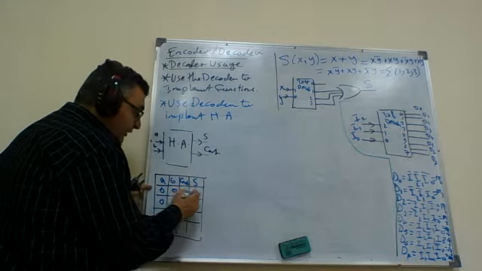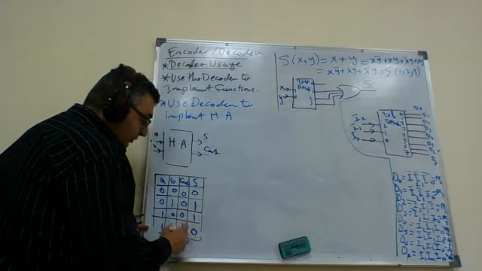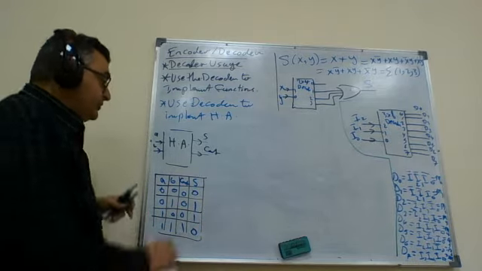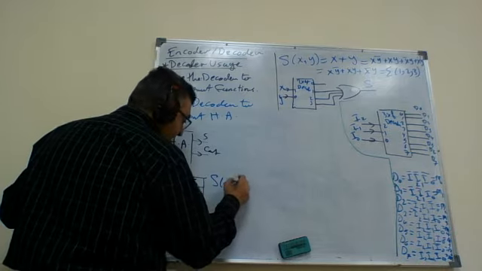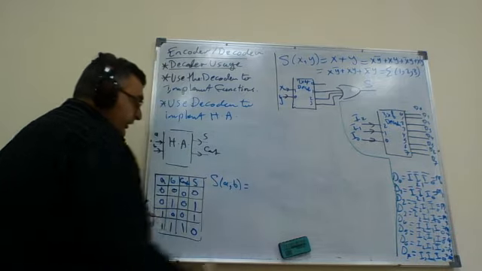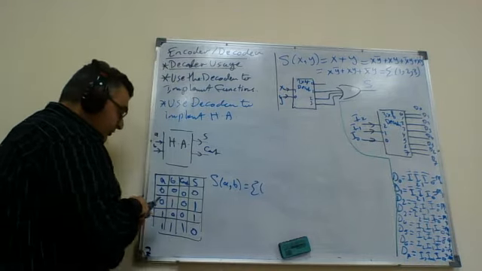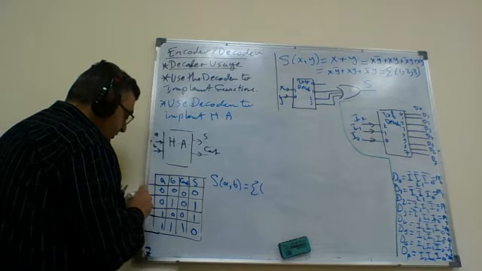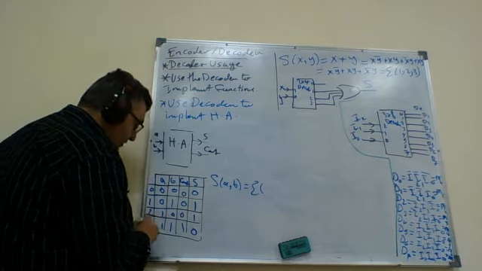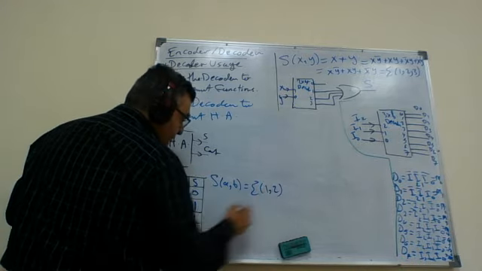Adding A and B together gives 0, 0, 1, 0, 1, 0, 0, 1. So that means I can write S of A and B as the sum of the min terms 1 and 2.